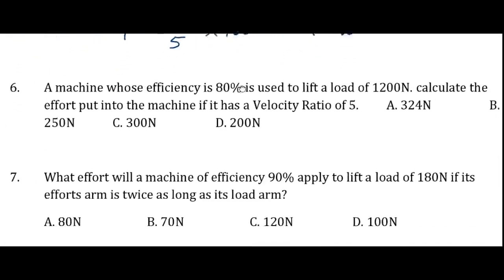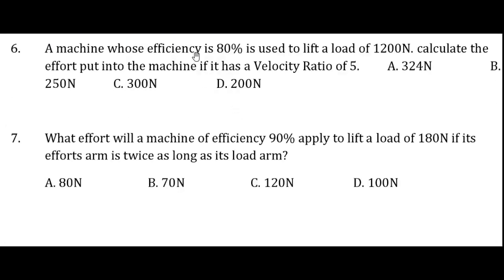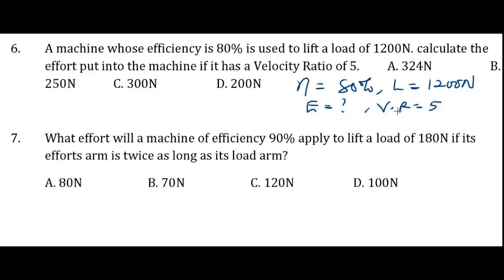Question 6 says, a machine whose efficiency is 80% is used to lift a load of 1,200 Newton. Okay, so the efficiency of this machine is 80%, and the load is 1,200 Newton. Calculate the effort. Effort is unknown. Put into the machine if it has velocity ratio of 5.